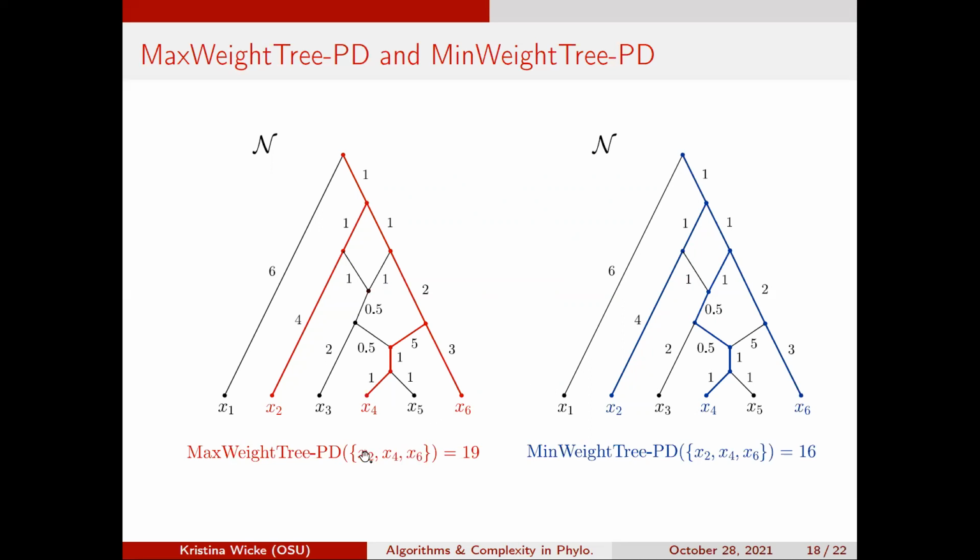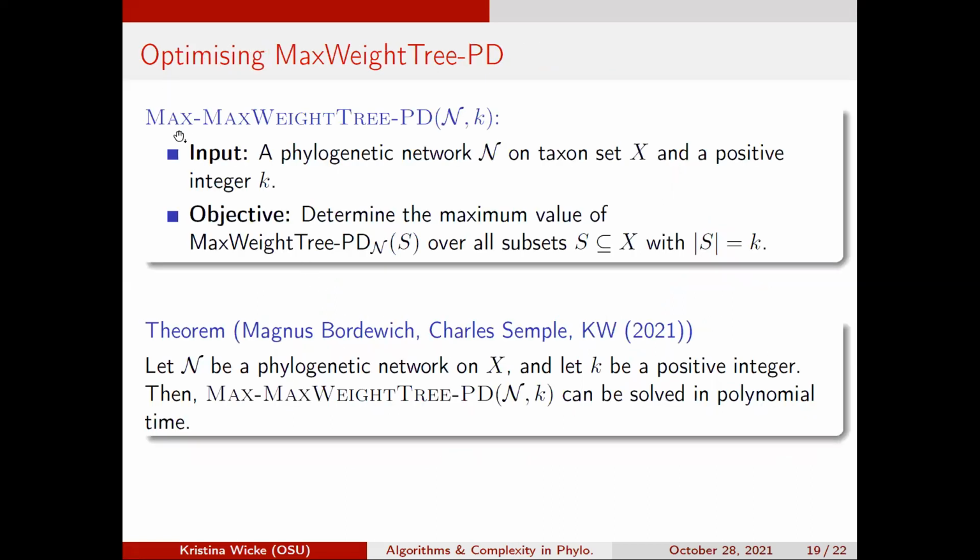But in themselves, these are also natural measures of PD on networks. So we can again think about the optimization problems, and let's start with max weight tree PD. Here the problem is determining the maximum value of max weight tree PD over all subsets S of the leaves of cardinality K. And for this particular measure, it turns out that this optimization problem can be solved in polynomial time.